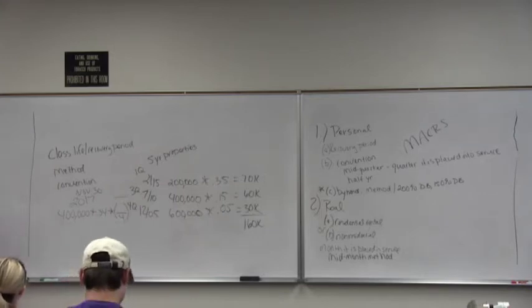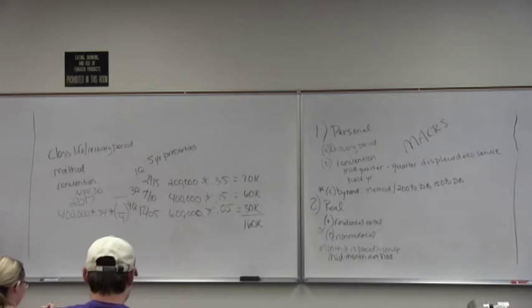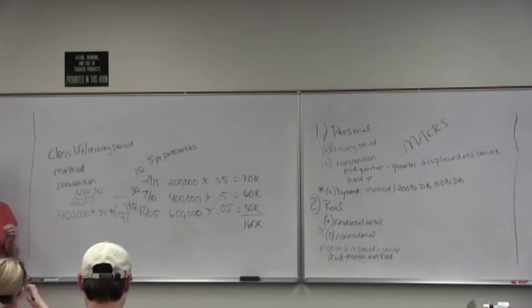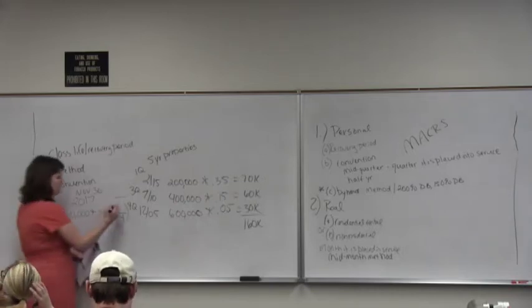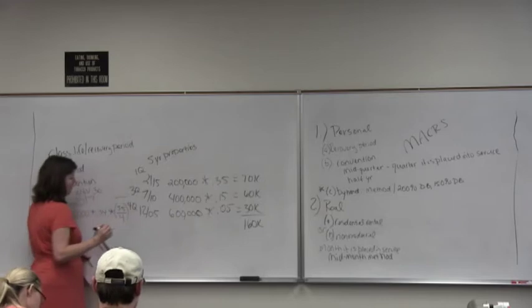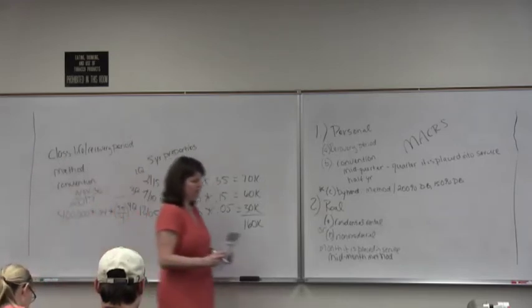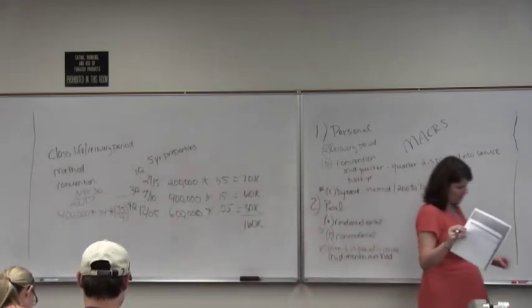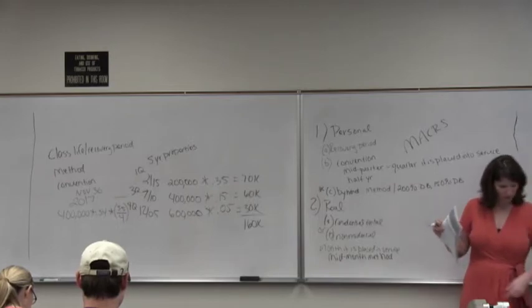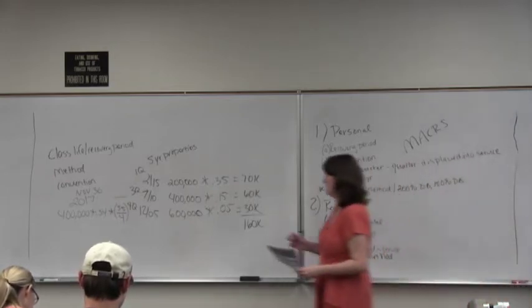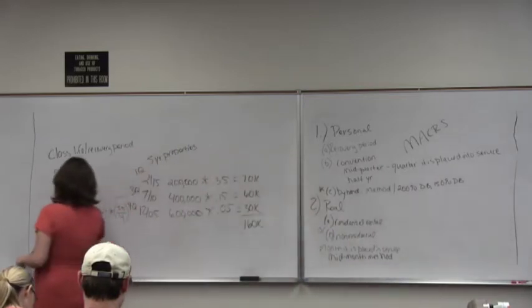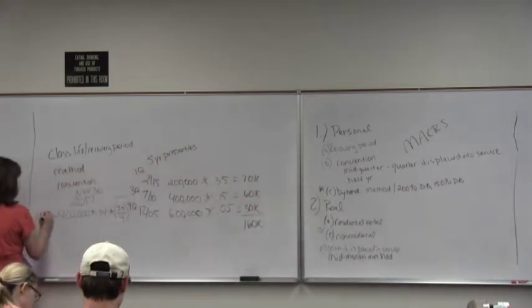Right? This is the mid-quarter convention. It doesn't matter that it was sold on November 30th. They get half of the last quarter. So that would be 3.5 over 4. That is how much depreciation they're going to get in the last quarter, which is $119,000 total depreciation.